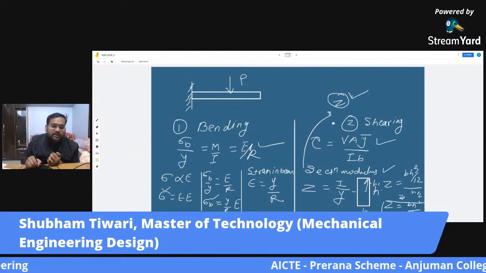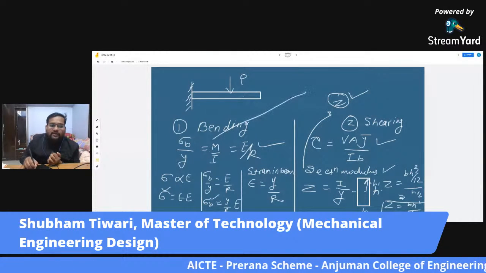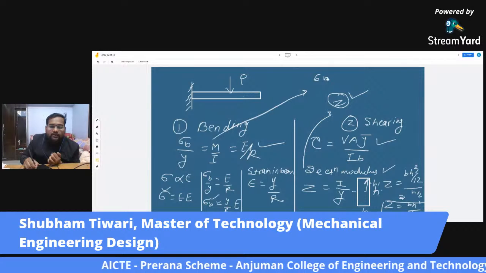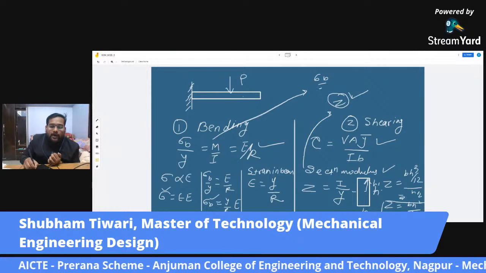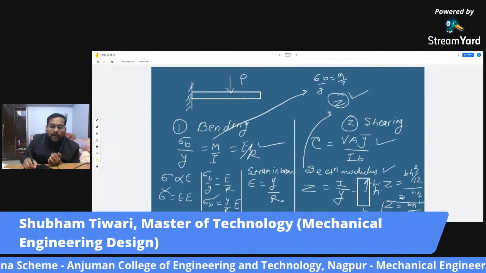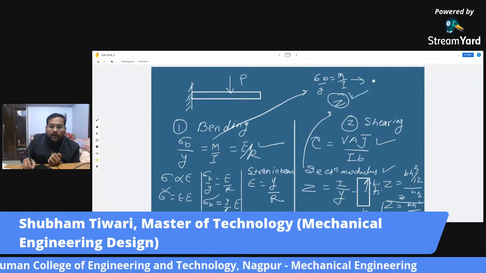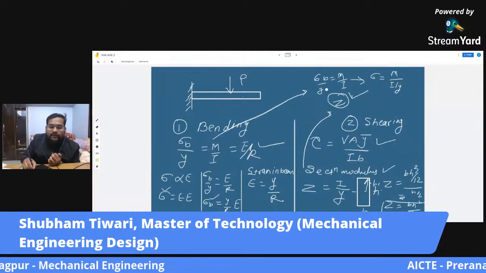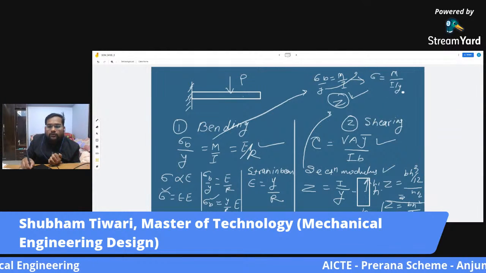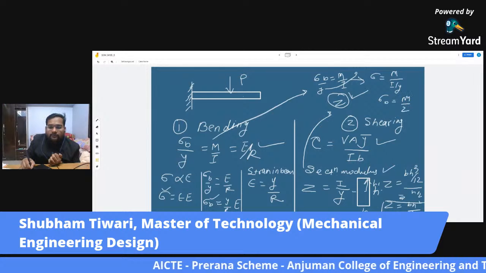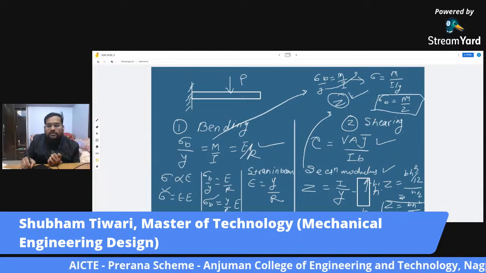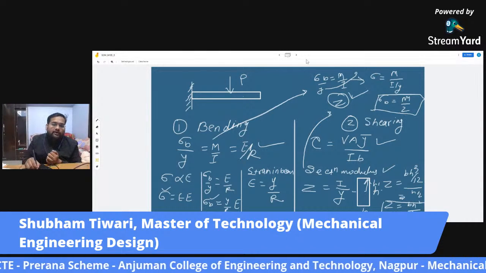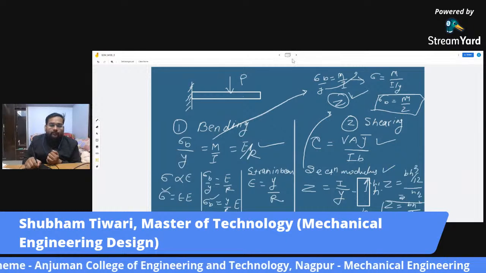So the sigma b, from this equation I can write sigma b by y equals M by I. Now I can rearrange it and write M by I by y. I will send y here. So sigma b equals M by Z. So this becomes our equation for bending stress.